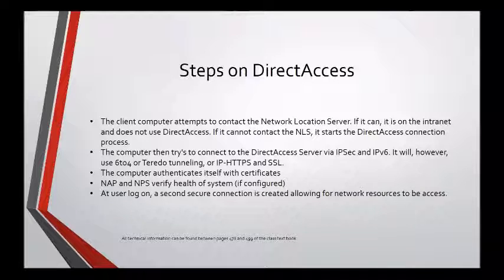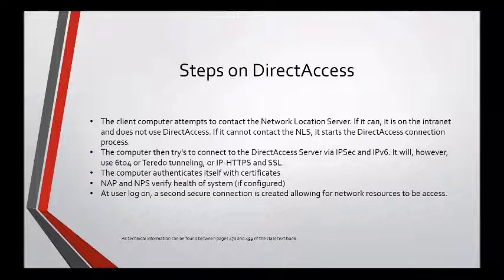The computer then tries to connect to the direct access server via IPsec and IPv6. However, if those technologies are not in place, it will attempt to connect via 6-to-4 or Teredo tunneling or IP-HTTPS via SSL. Then the computer authenticates itself with certificates.